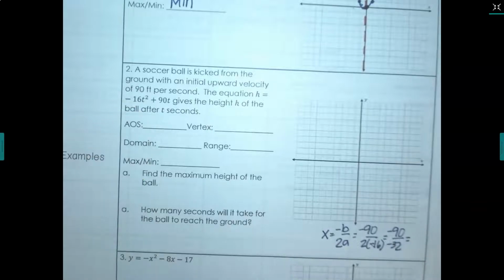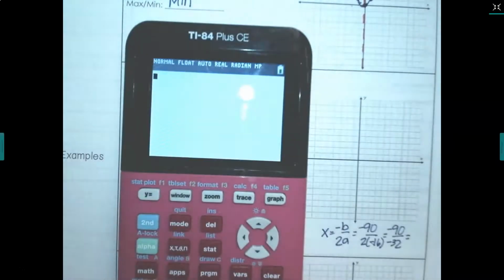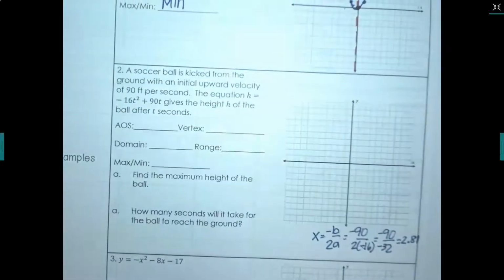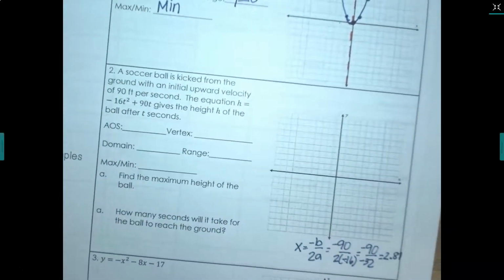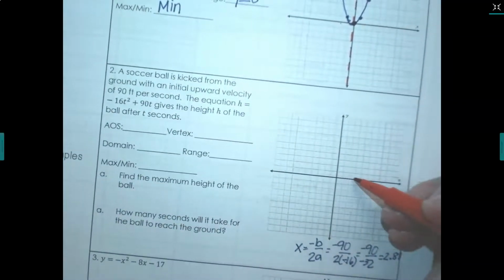And this is real world, so we're going to take some decimals here. So I have negative 90 divided by -32, and I got, let's round it to 2.81. Okay, so that's where our axis of symmetry is, at 2.81. That's not a nice whole number, but it's somewhere between 2 and 3.